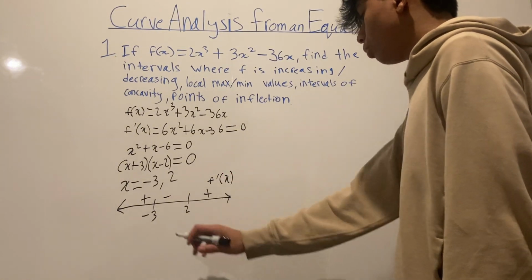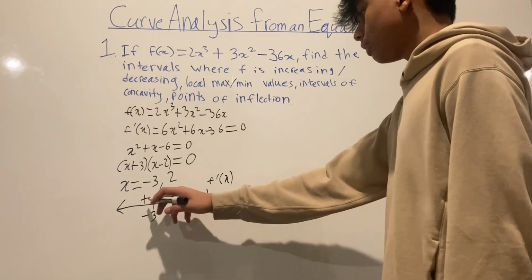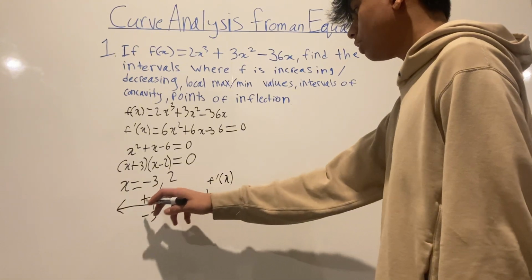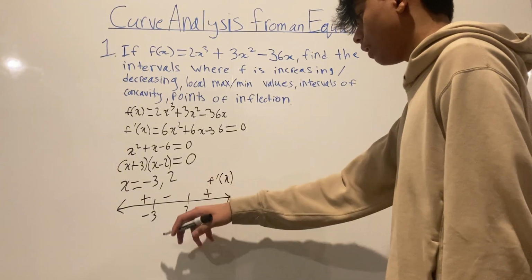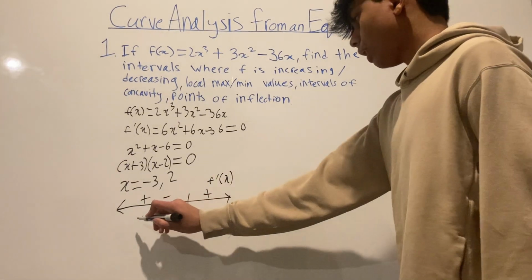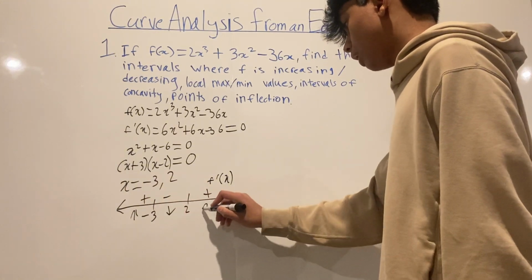So now we know where the function is increasing or decreasing, as positive indicates an increase and a negative sign indicates a decrease. So we can just put arrows here to show that, an up arrow.